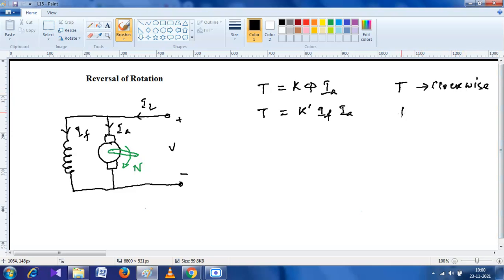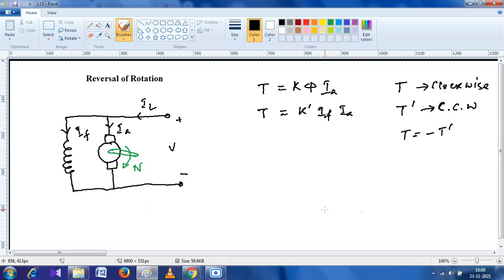So we have to create another torque, or the opposite torque, denoted by T dash, so the direction should be counterclockwise. That means T equals minus T dash. T और T dash का value opposite होना चाहिए.